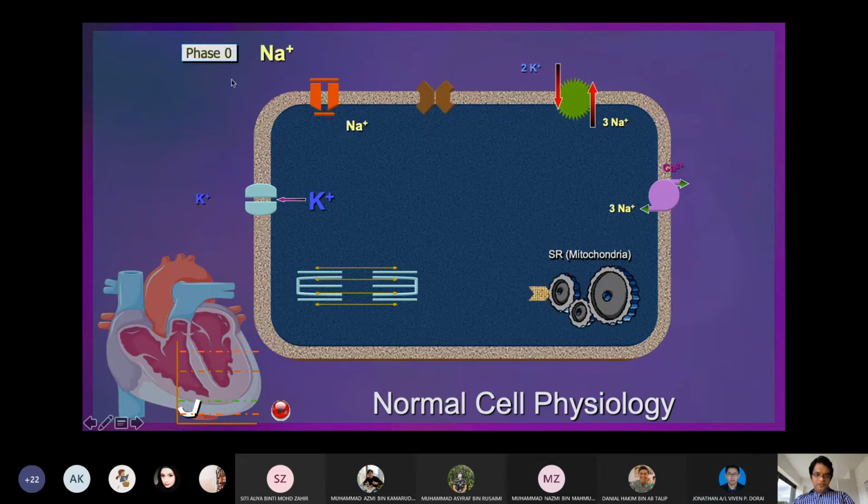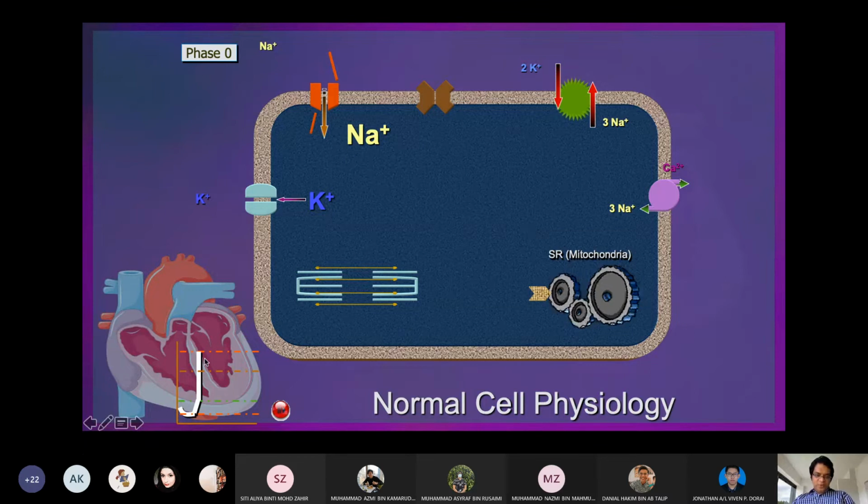So sodium in phase 0 fulfills our criteria. In phase 0, from the resting membrane potential, a lot of sodium entered, and we got a spike potential.